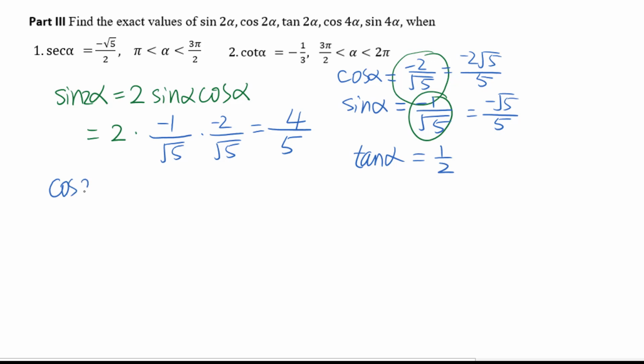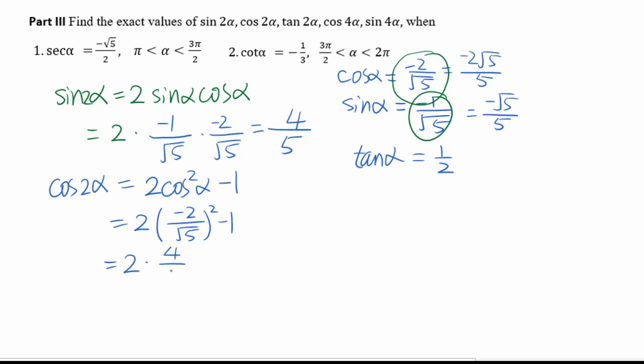For cosine 2 alpha, I will use 2 cosine square alpha minus 1, so that you will get 2 times negative 2 over square root of 5 squared minus 1. That equals 2 times 4 over 5 minus 1, so that you will get 8 over 5 minus 1.